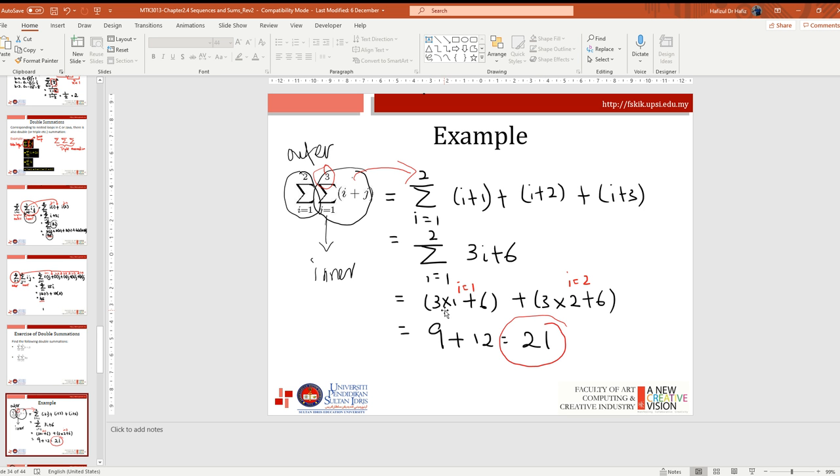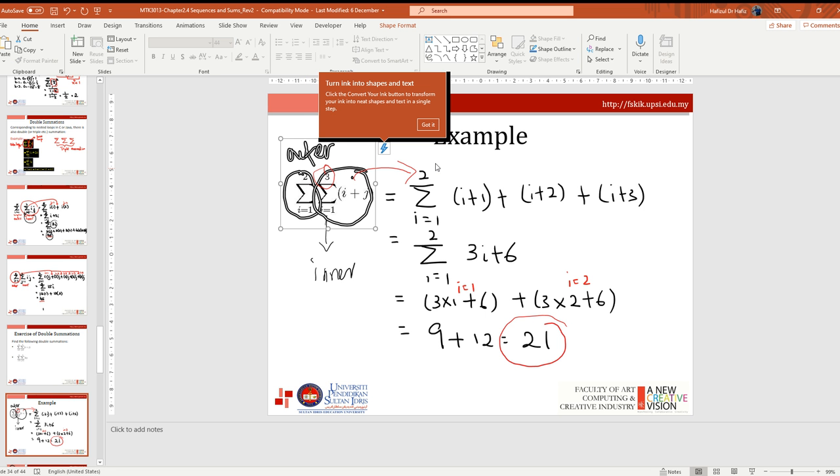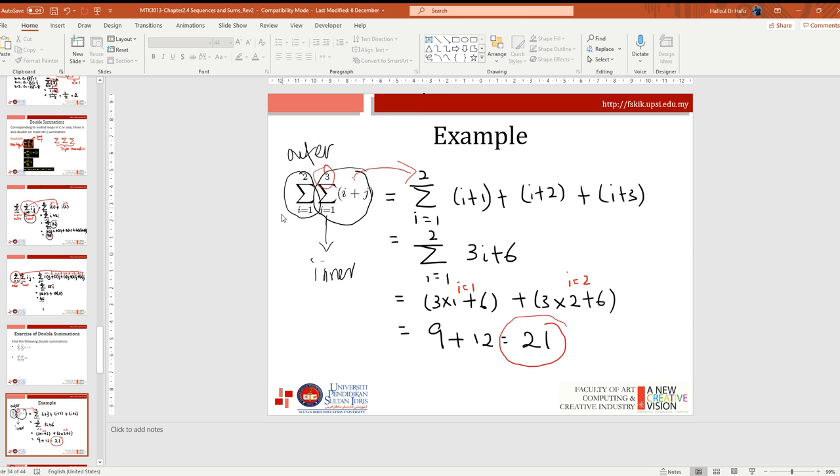And then we got 3 multiplied by 1 plus 6, i equal to 1, plus 3 multiplied by 2 plus 6, i equal to 2, because this one outer is 2.